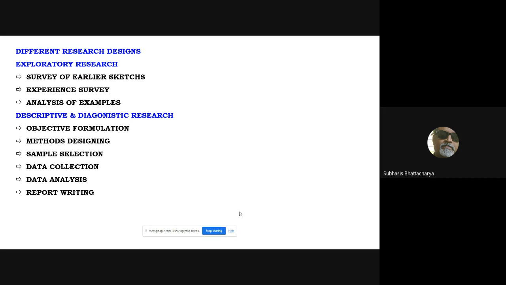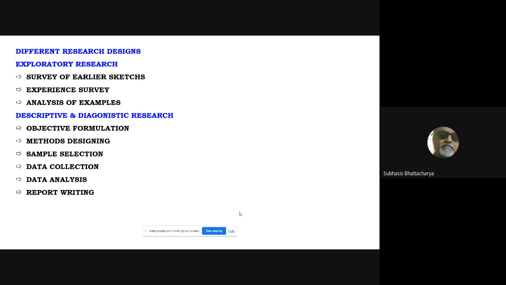So exploratory study basically depends on a survey of the concerning literature, which I have already discussed. When you go to your earlier works, it is the most suitable one.